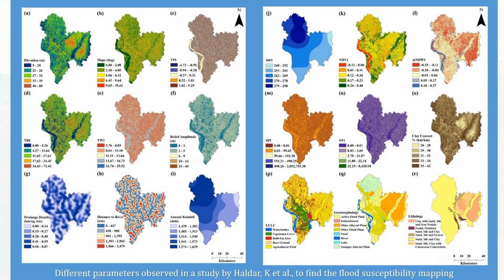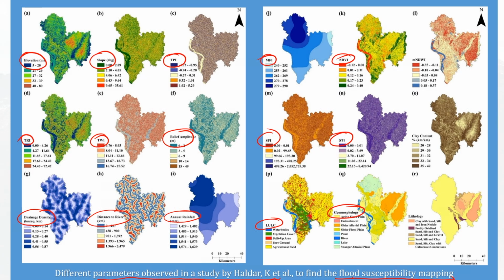So here you can see the different parameters observed in a study by Haldar to find the flood susceptibility mapping. So here you can see the elevation information, slope, TPI, TRI, TWI, relief amplitude, drainage density, distance to river, annual rainfall, LULC, SPI, MFI, NDVI, STI, geomorphology, and then MNDWI, clay content, lithology.